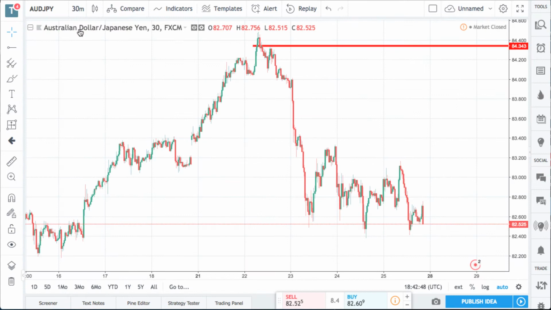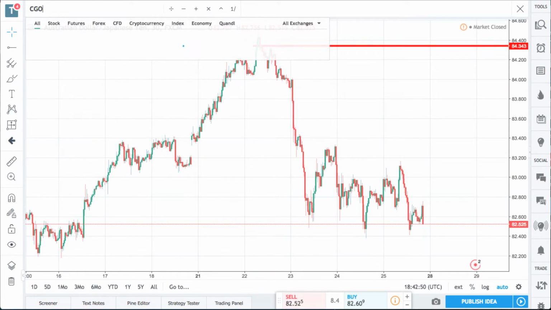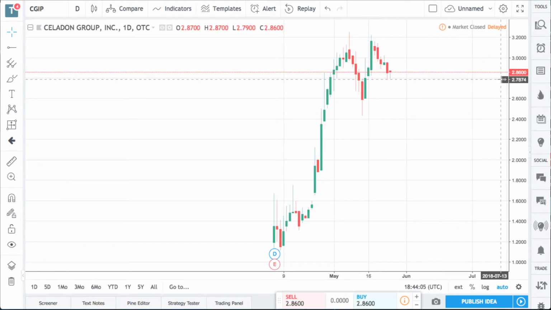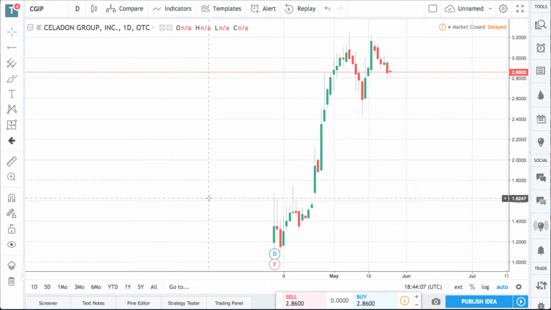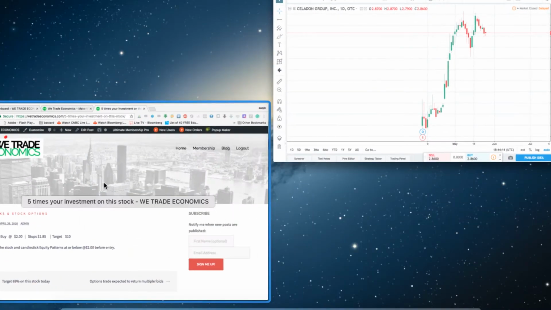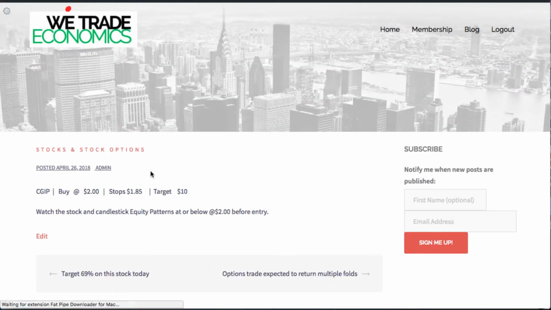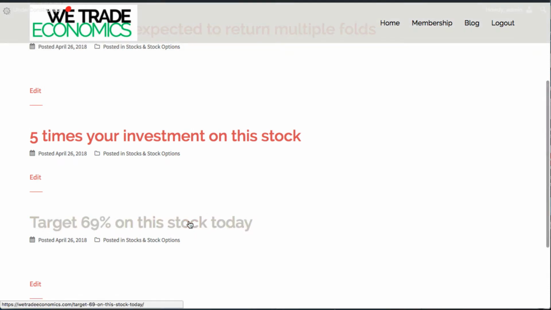So let's go to CGIP. $2.86. Quite a lot in profit at the moment. Let's go back and see, target 69% on this stock today.